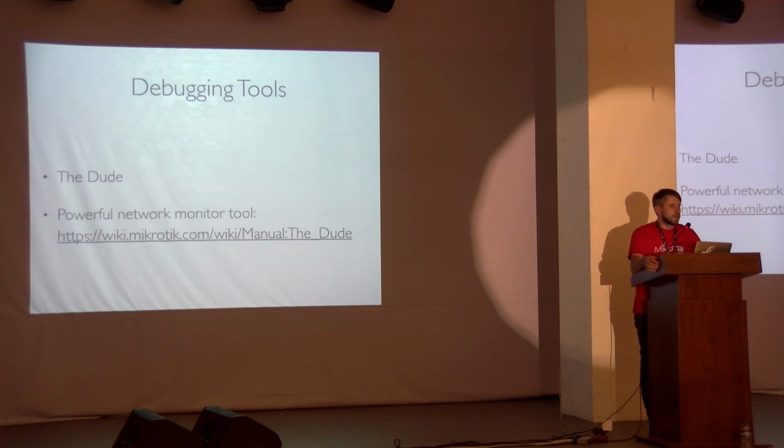The Dude can send you an email when some of the devices go down. The Dude can send you an SMS when, for example, a specific router has a drop in the voltage. The possibilities of The Dude are almost endless, and all the information on how you can configure it is available on the wiki for the topic that is called The Dude.